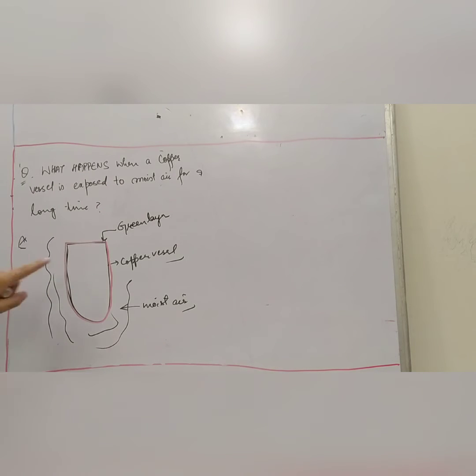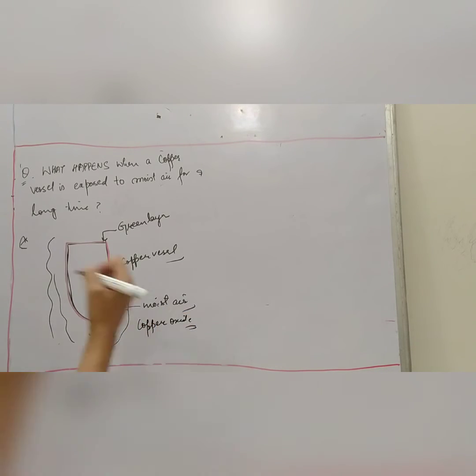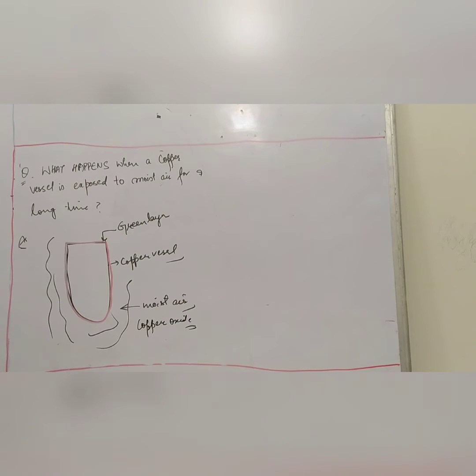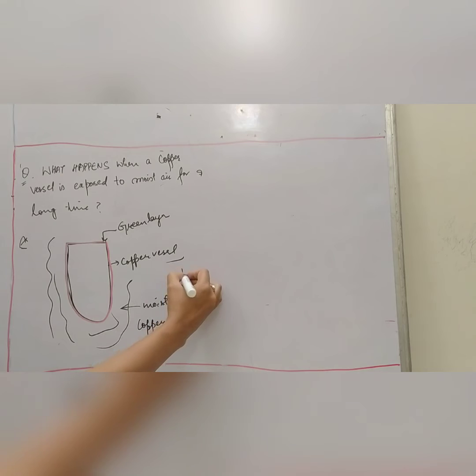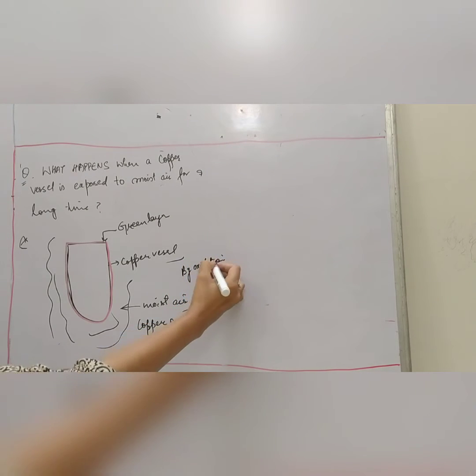It develops a green layer on its surface, and copper corrodes by oxidation, in which it reacts with oxygen in the air to form copper oxide. What we are saying is that copper corrodes by oxidation.